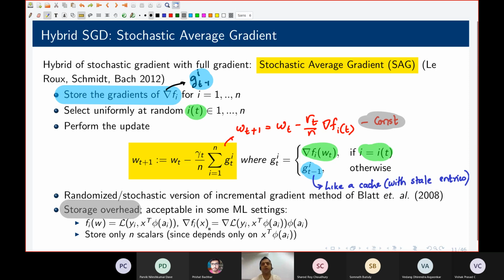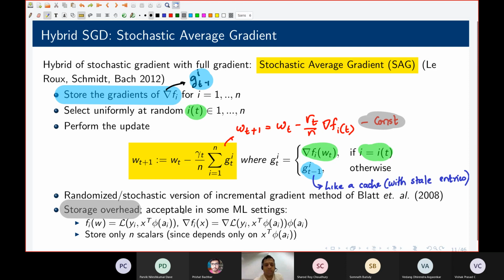The points are not changing, the parameters are changing. X is the parameter, not the point. A_i is a point, y_i is the label of that point. So the phi's are not changing. Is there a way we can do this X transpose phi more efficiently?